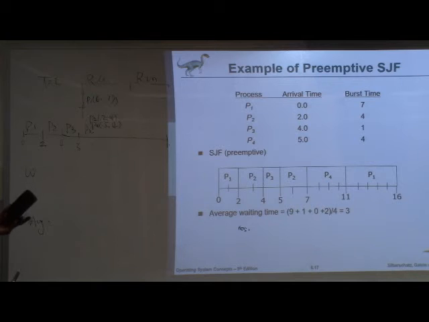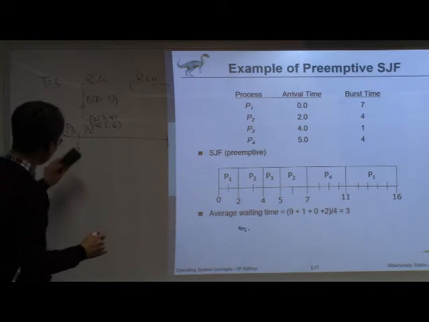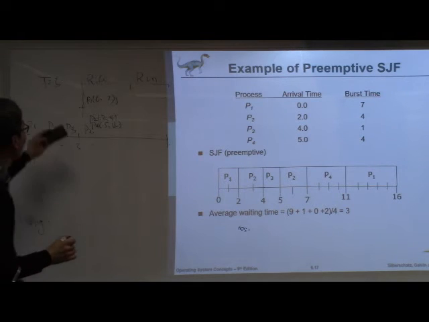It depends on the algorithm or the operating system, they use different ones. Actually, most operating systems use hybrid or multi-level scheduling. That means they are not using just one algorithm, they are using many algorithms, including priority. So P2 will be selected this time.